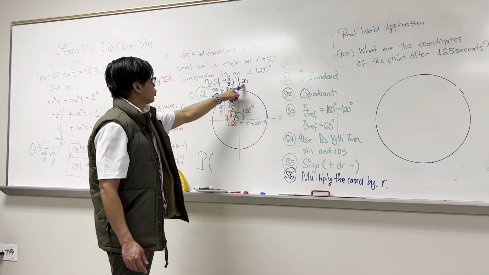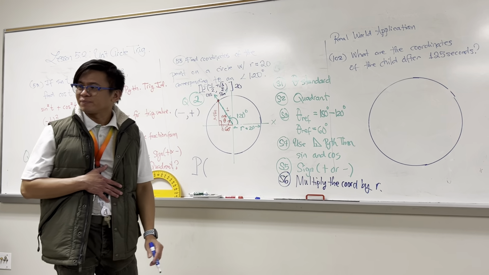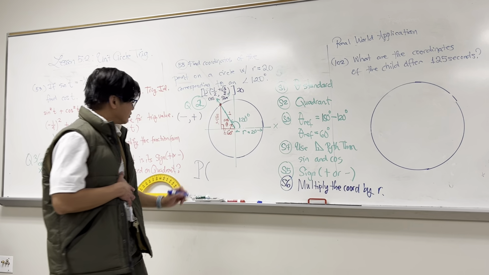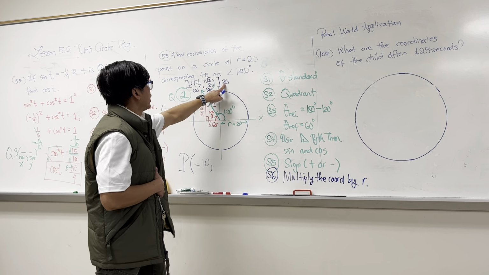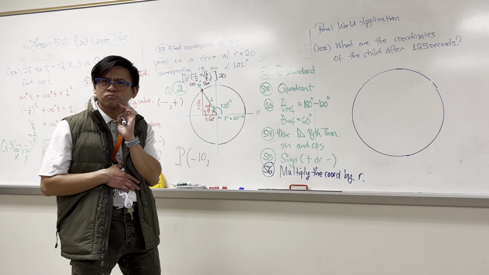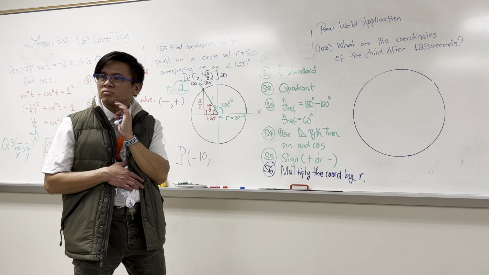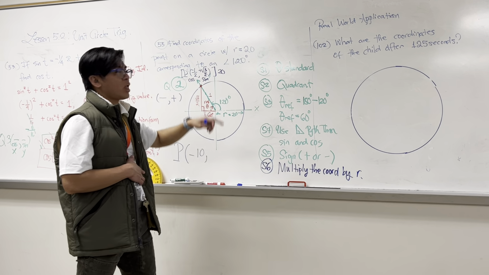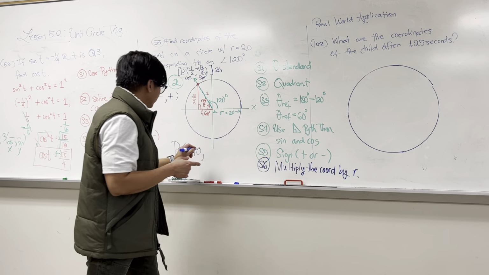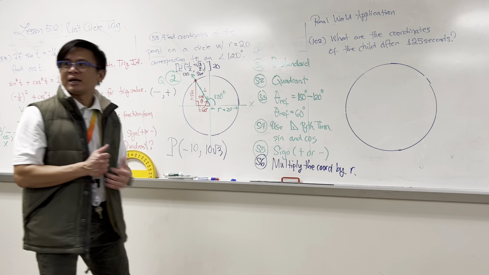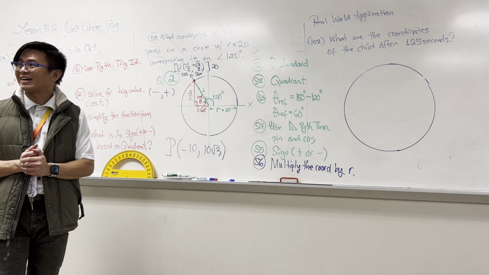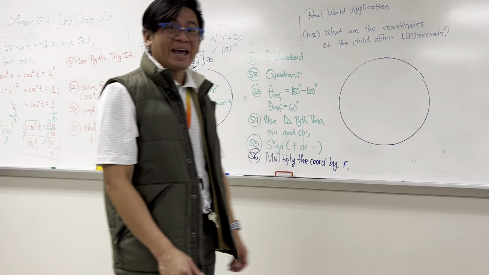So what's 20 times negative 1/2? Negative 10, very good. And what's this in here? Well, 20 divided by 2, 10, times square root of 3, right? So this is 10 square root of 3. Are we good? Get it, guys? Thank you. Any questions?